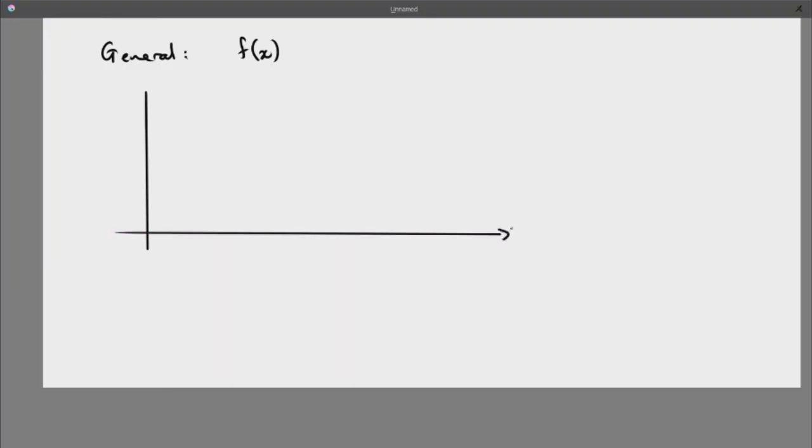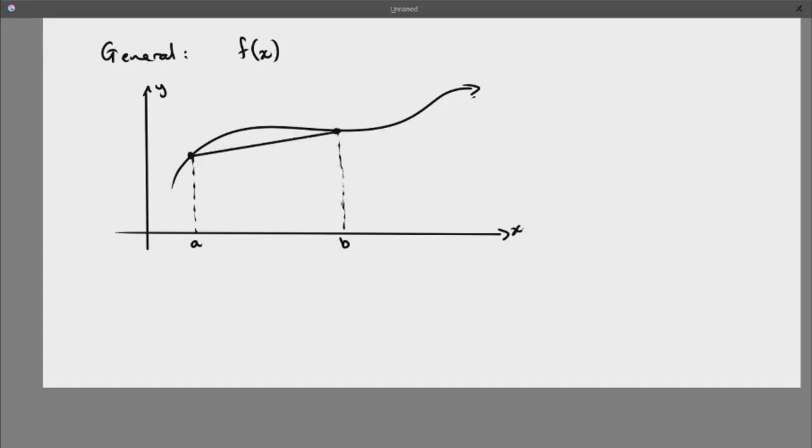Let's pretend I have some function. I just want to look at it. I don't know what it looks like. I have my window. Let's say some A to B. I need to know the window I'm looking at. Then I have the secant line between these points. That's what we looked at.